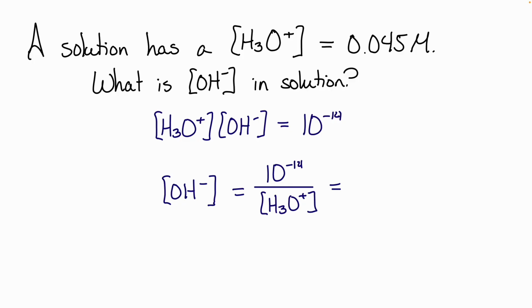All right, and so we're going to punch this into our calculator. And we get 2.22222 repeating. We're going to put our two sig figs on there, 2.2 times 10 to the negative 13 molar.